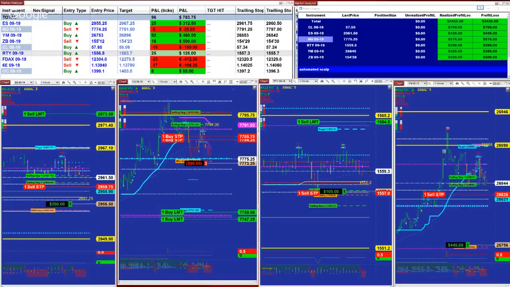Slowly, but this market is dying. It's finished. Now we are going to the short positions.